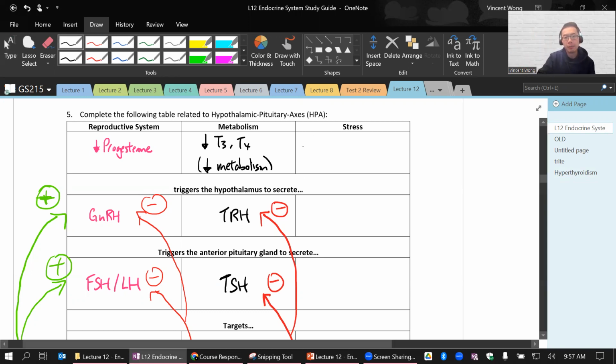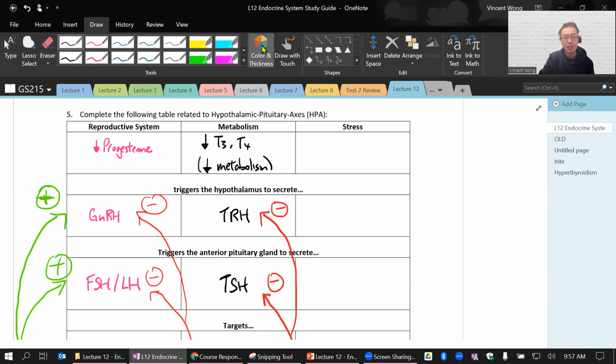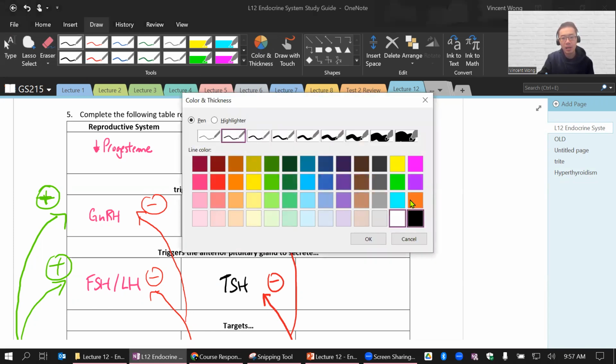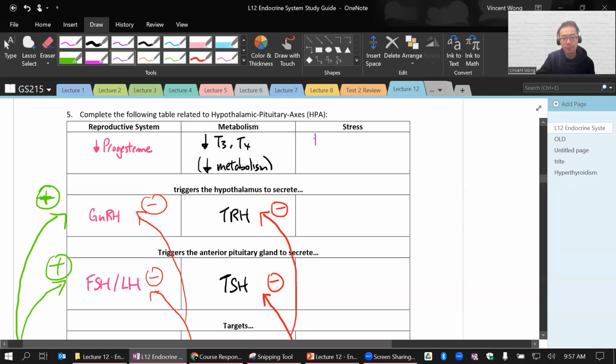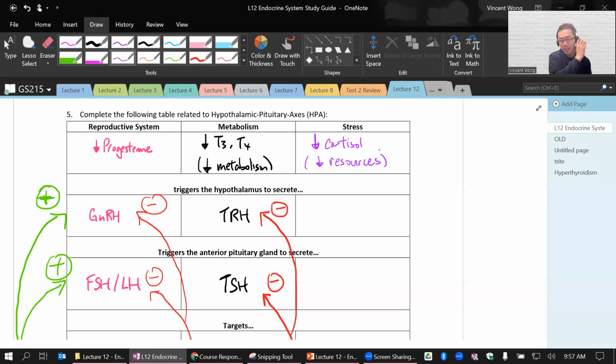So as with other pathways, here we're going to start with a drop in cortisol. Okay, I'm just going to use cortisol as an example, even though there are other kinds of glucocorticoids, but that's the main one, right? So a drop in cortisol means that you have low resources. When I say resources, I mean things that keep your cells running, right? The glucose, the amino acids and all that stuff.